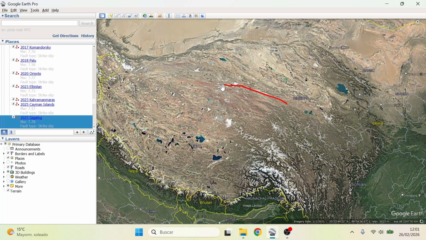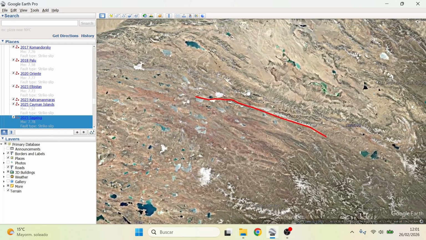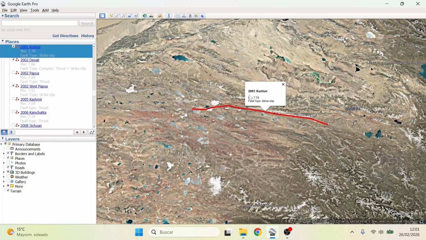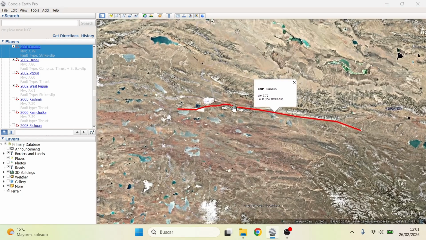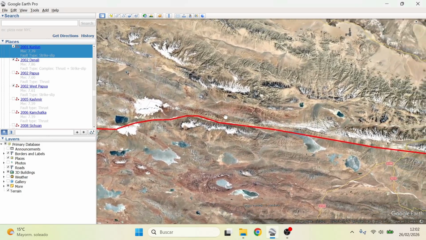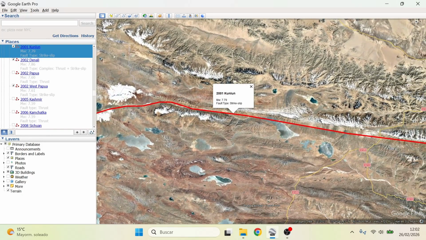So what are we going to have here? For example, there are many earthquakes in the recent years that happened. This one is the 2001 Kunlun earthquake, which broke more than 400 kilometers in the Tibet plateau. It didn't cause any fatality that I know of, but it was certainly a very big earthquake.